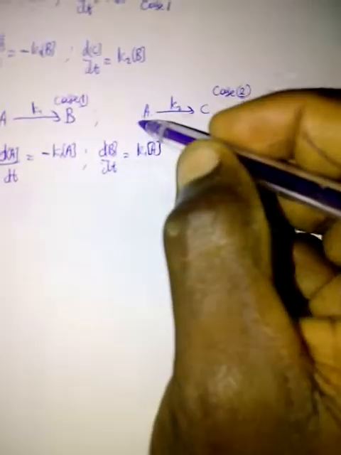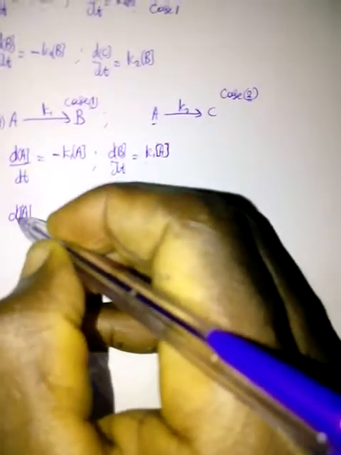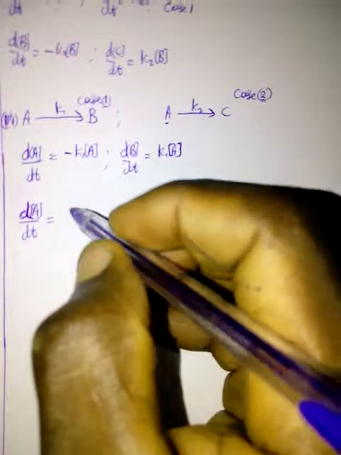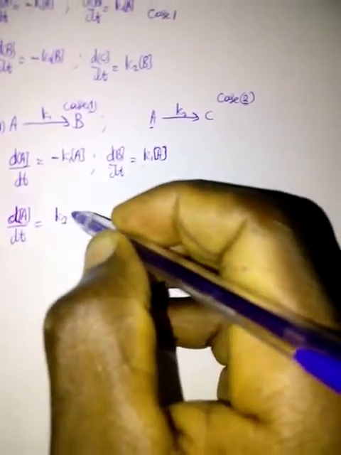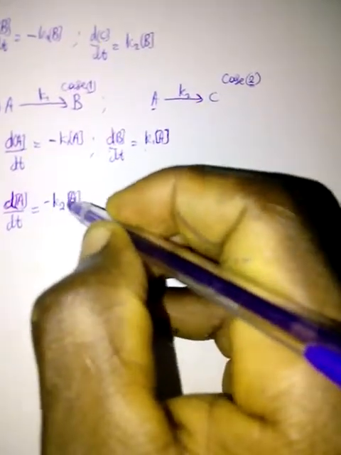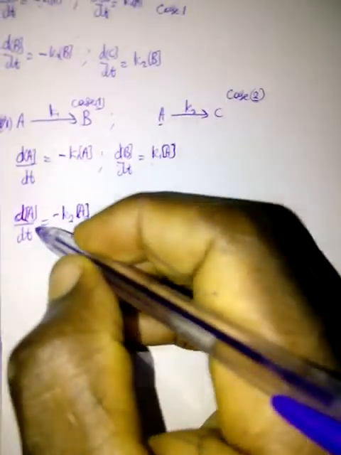For case 2, these are reactants, A forming C. So d[A]/dt equals minus K2[A]. These are reactants forming product here.